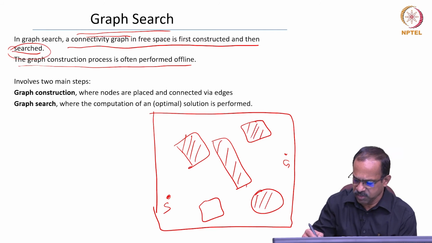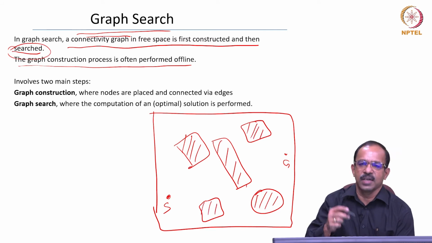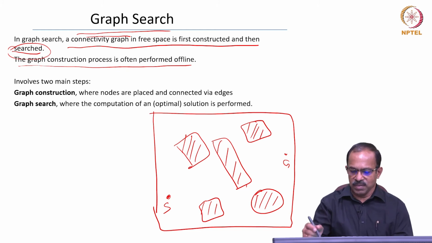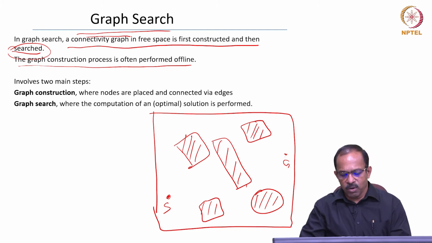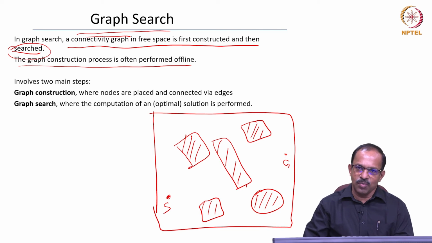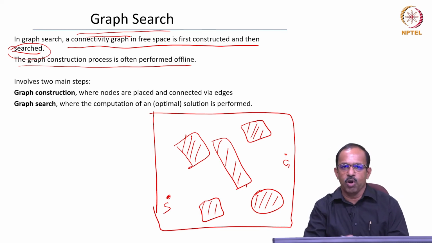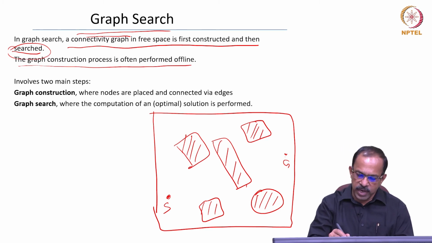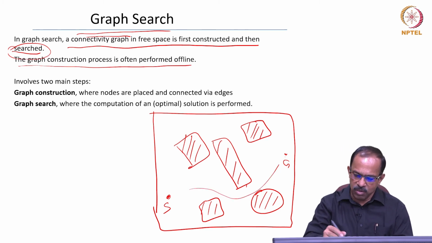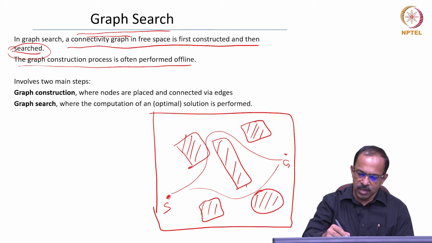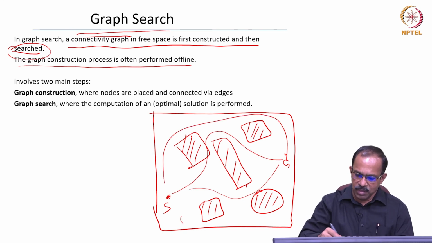This is in the configuration space. So, we assume that the robot is a point and it can move. Now, what we need to know is what are the various paths existing between the start point and goal point. So, I can identify a path like this, I can go like this, I can go like this. So, there are multiple ways in which you can reach.